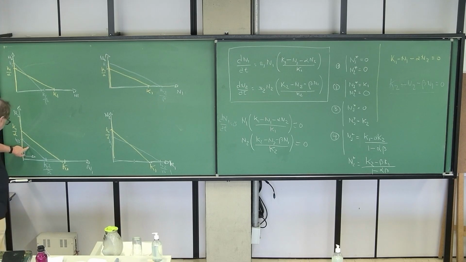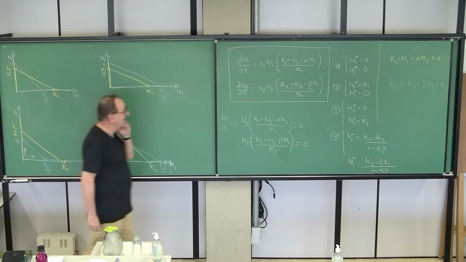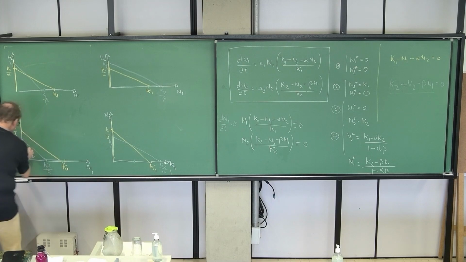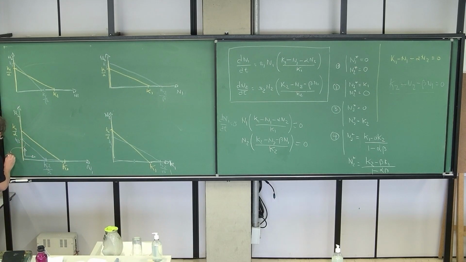Now, this one is the null line, this one represents dN2/dt equal to 0. So if I cross this here, then N2 has to have a negative derivative.